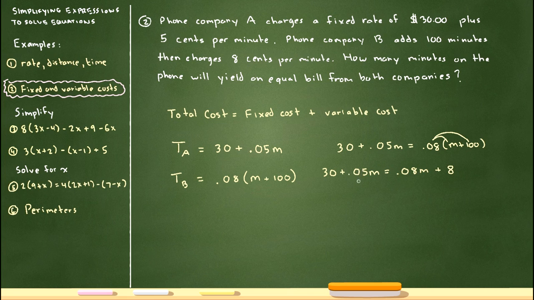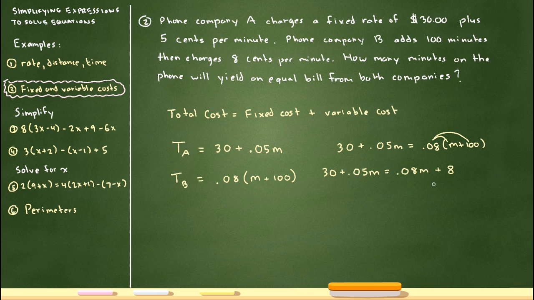Okay, so now another tip that I mentioned in the last video is in these simple equations, we want to try to move all the variables to one side and all the constants to the other side. So let's move all the variables to the right. Let's move all the constants to the left.